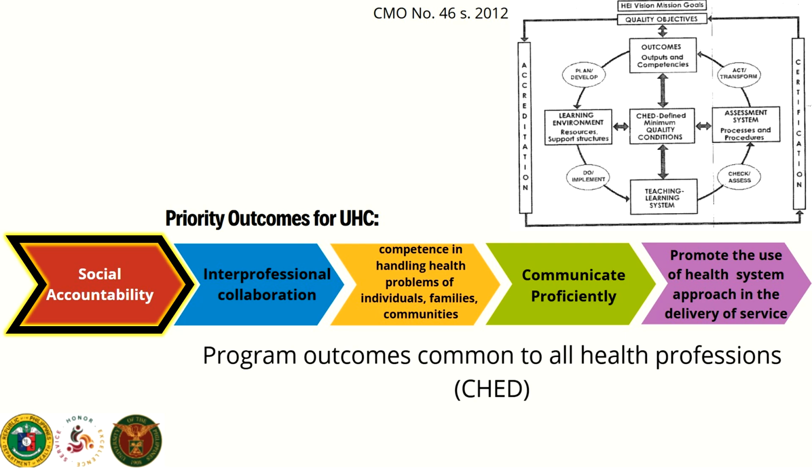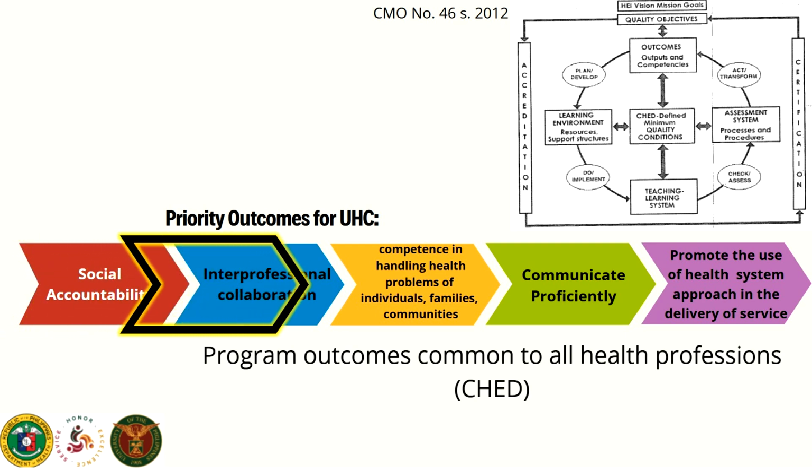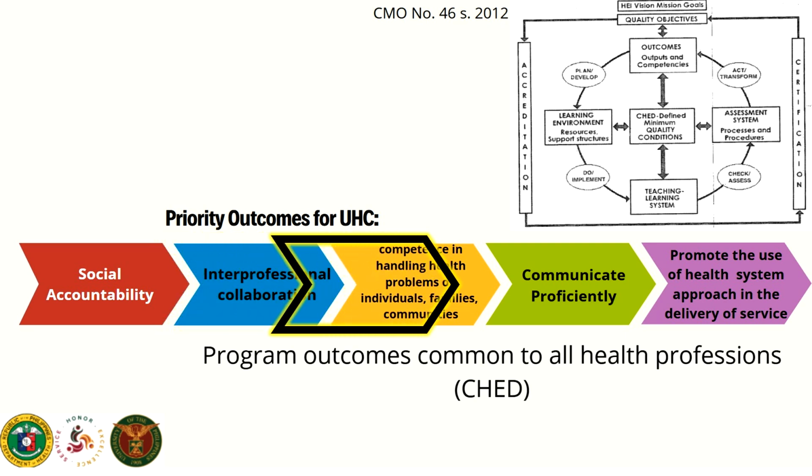That will be doctors with social accountability, who can work with other professionals through interprofessional collaboration. Doctors or health professionals who are competent in handling health problems of not only individuals but also families and communities.